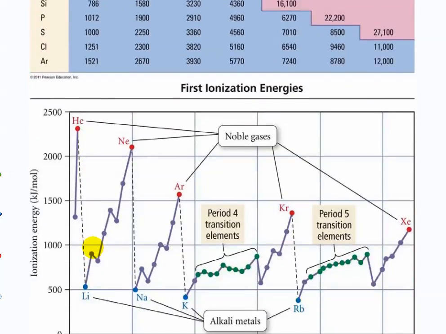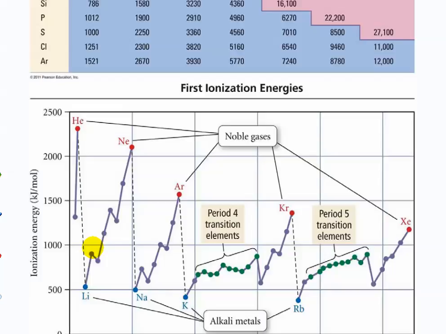So as you move across the periodic table, the first ionization energy, meaning the energy it takes to remove one electron from an atom, roughly goes up as you move from left to right. Why do you think that is? Yeah, the nucleus has a stronger pull on them.